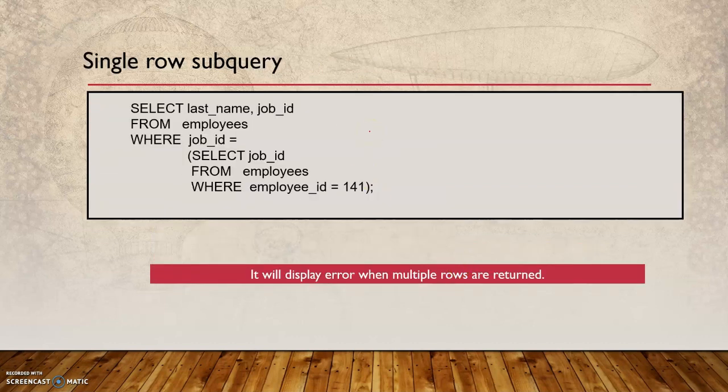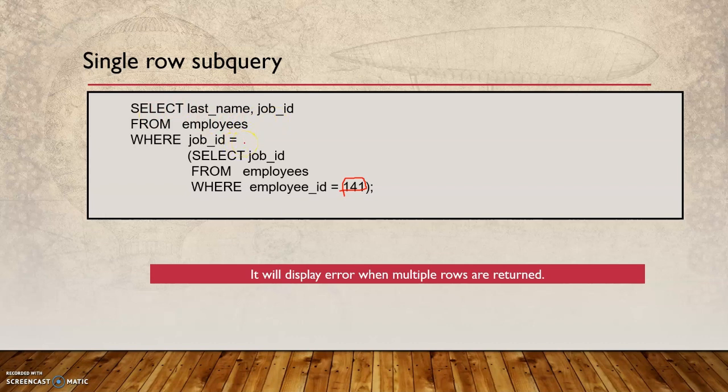And similarly here, it should not give you any problem because we are getting a job ID whose employee ID is 141. For that we get the job ID, and then select last name, job ID from employees where job ID equal to that.